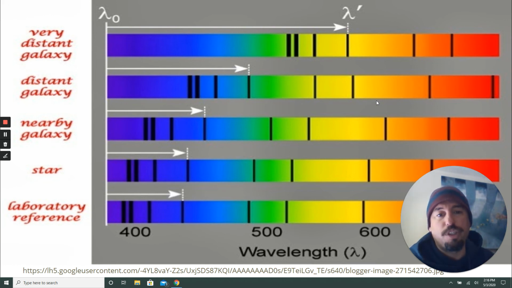Because we look at this Doppler shift of the spectrum of stars. So not only do we know what elements the stars have or the galaxies have because of their spectrums, but we also know that they're receding or moving away from us quicker because we can see that they're Doppler shifted.